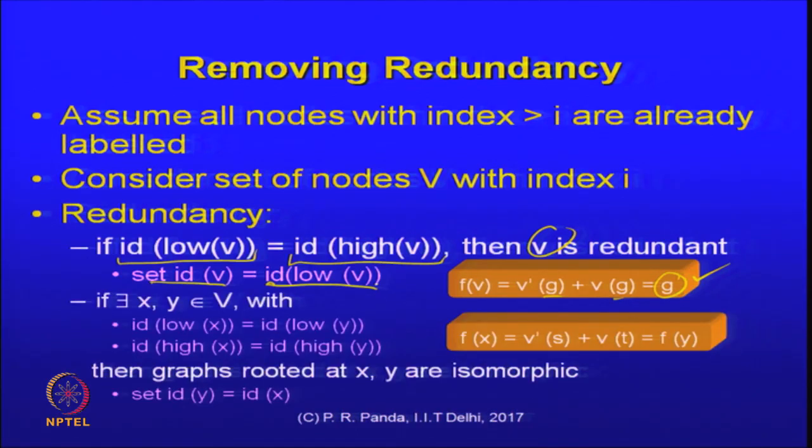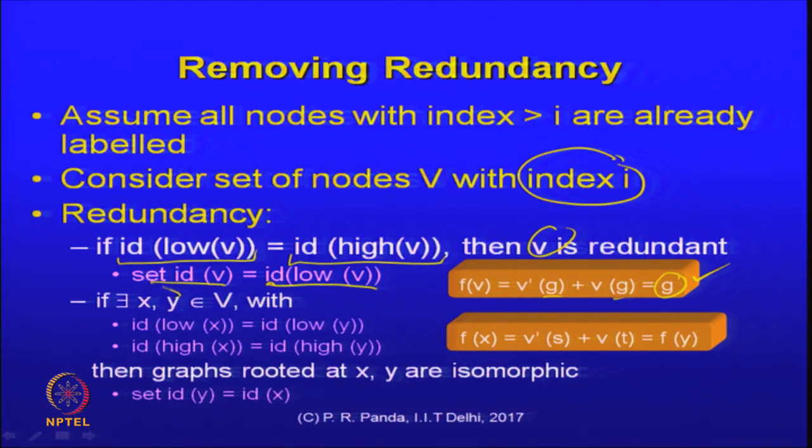The other is if you find two nodes belonging to V, we are checking those nodes that all have the same index. We are talking about nodes with the same index. These are all nodes at the same level of the structure. Yeah.